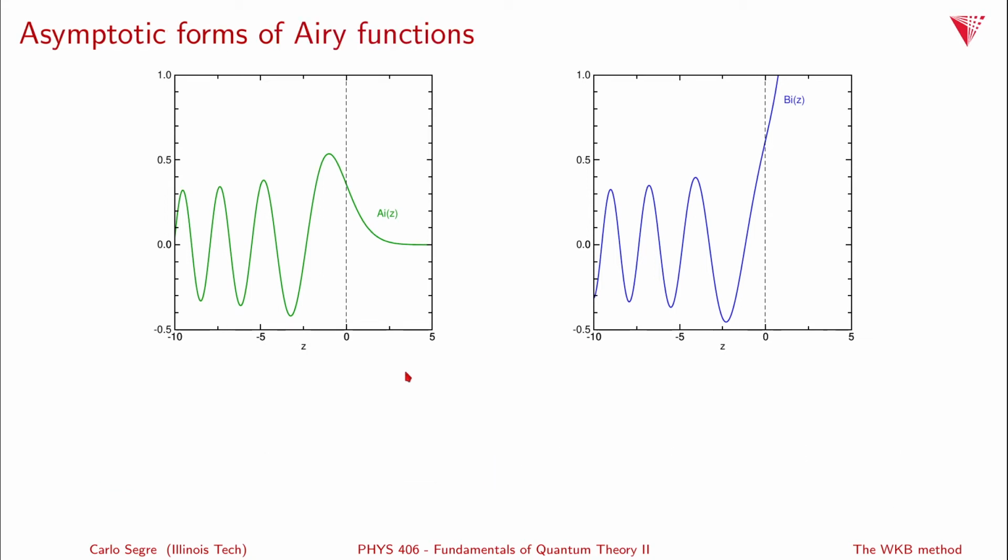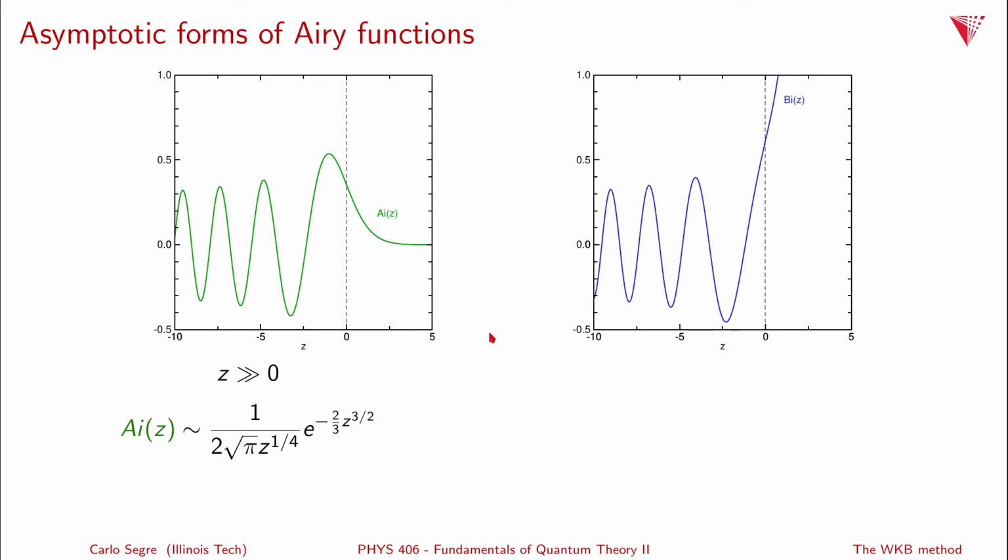So what we're interested in is not so much what happens close by the turning point or the origin, but we want to patch these functions to the WKB solutions far away from the turning point. So we're interested in what happens asymptotically as you move away from the turning point for each of these two functions.